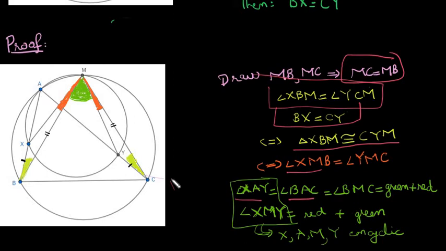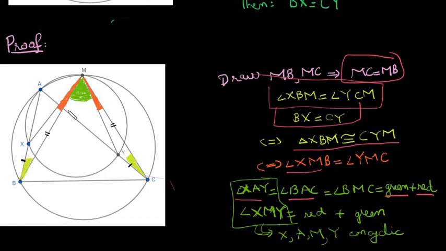This angle is equal to angle BMC. So once again, they're both made by the same chord BC in the same circle. So BAC is equal to BMC, and so the angle BMC is the sum of the green angle right here, which is the angle BMY, and the red angle, right?